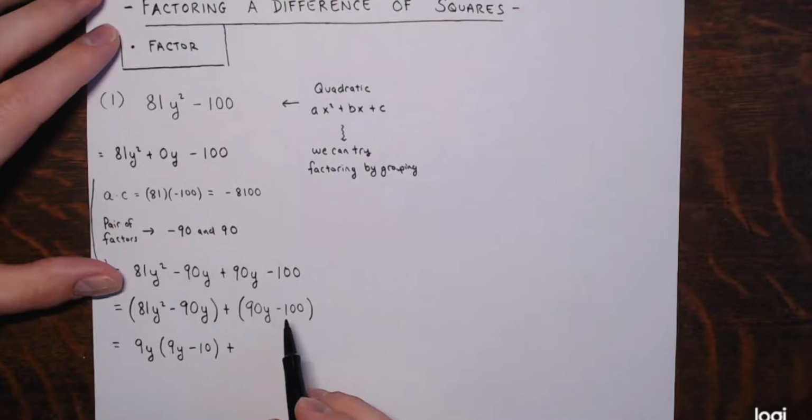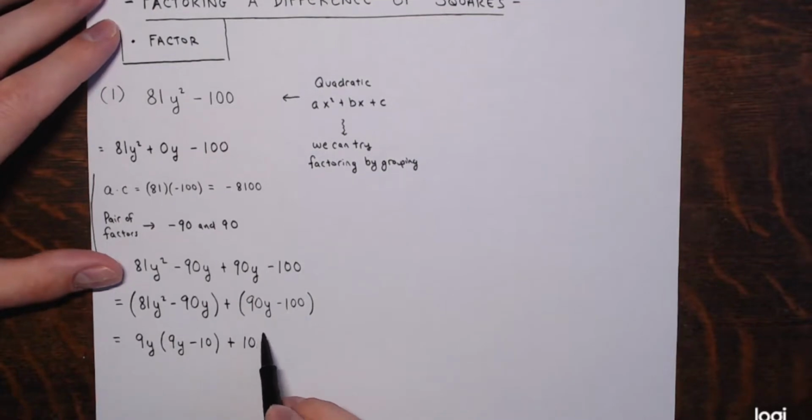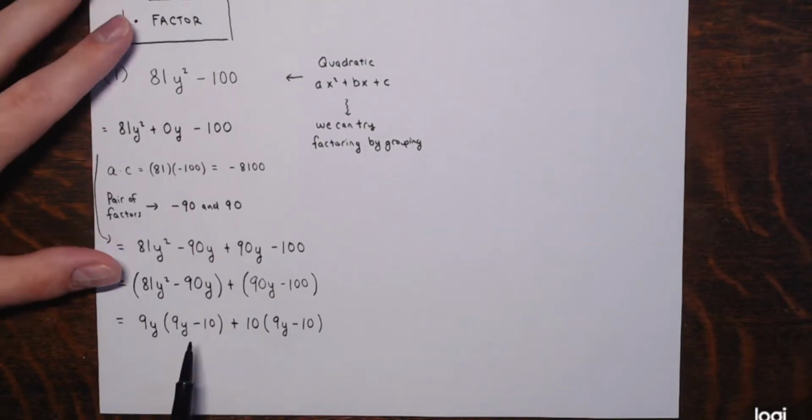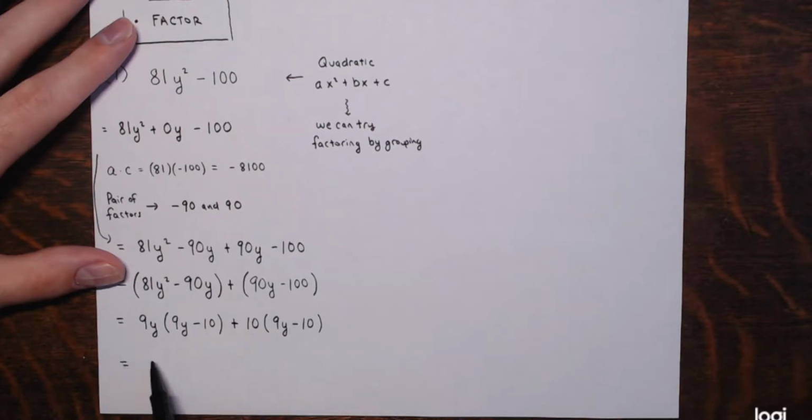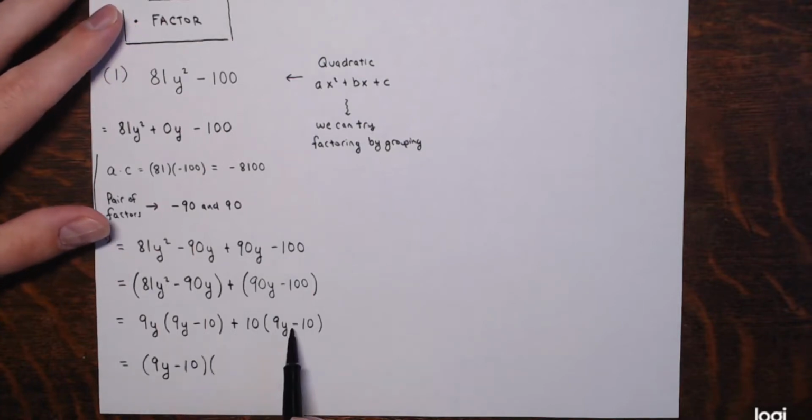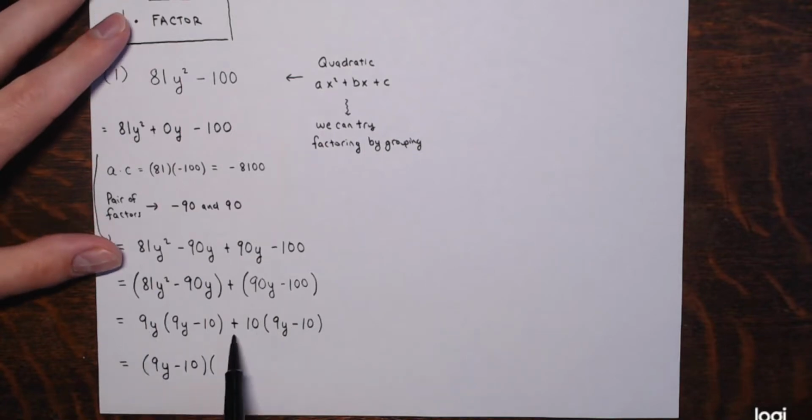The greatest common factor is 10. Pull out a 10, and I'm left with the same remaining factor, 9y minus 10. And then you see we have 9y minus 10 in common in both of these. So this would be 9y minus 10 multiplied by the factor remaining when I remove 9y minus 10, which would be 9y plus 10.